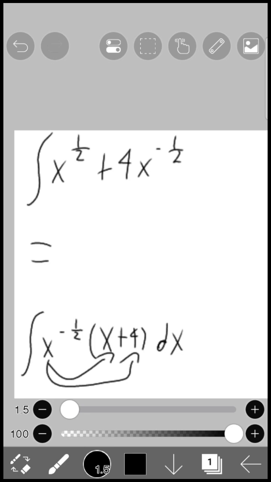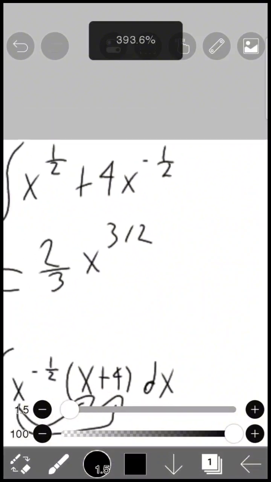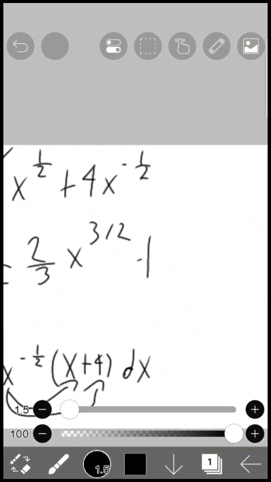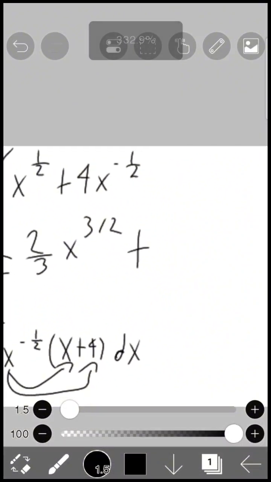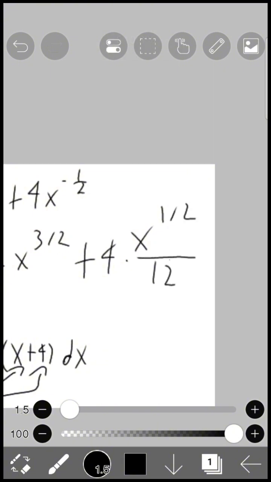So we simply have 2 all over 3 x raised to the power of 3 all over 2, because 1 plus 1/2 is equal to 3 over 2. And then we have plus 4 multiplied by x raised to the power of 1/2 all over 1/2.